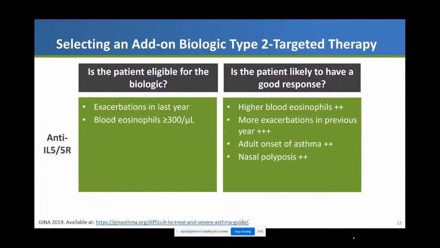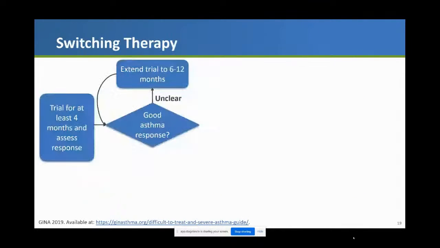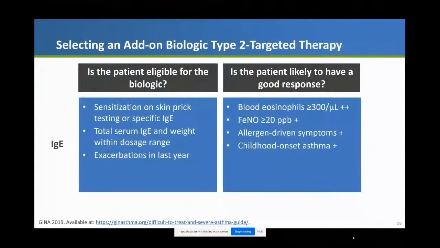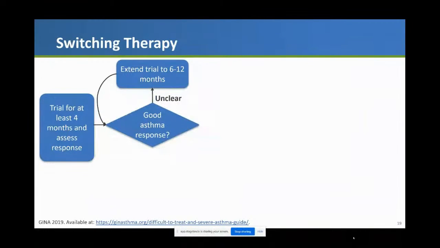Okay. And then after you go through the GINA slides, I think there's 3 of them. Yeah. Those are the 3 GINA slides. And then there's 3 more on GINA's guidelines on switching.